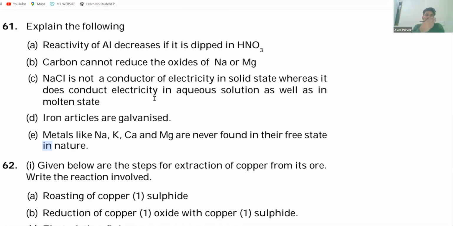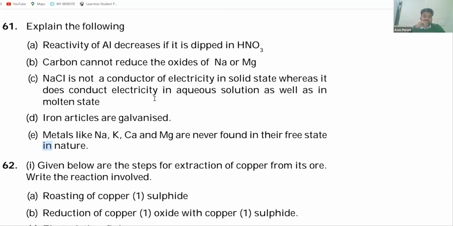We are creating a barrier so that atmospheric gases cannot come in contact with the iron. So when iron is galvanized, a layer of another metal comes between the atmospheric gases and the iron, and thus prevents it from rusting. You understood? Yes, sir. Adil, Abdullah, you understood why they are galvanized? Yes, sir.